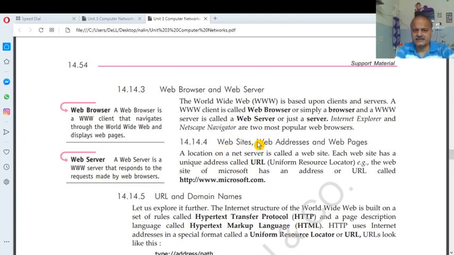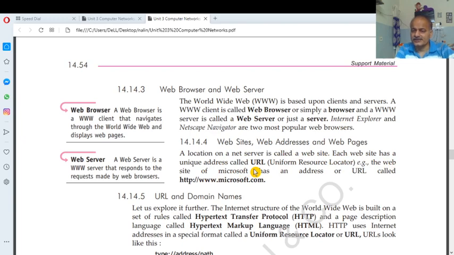Now the website, web addresses and the web page. A location on the net server is called the website. Each website has a unique address called the URL.